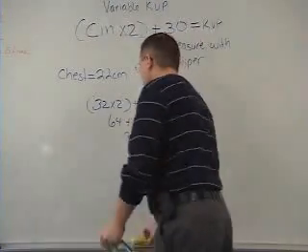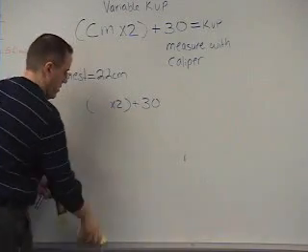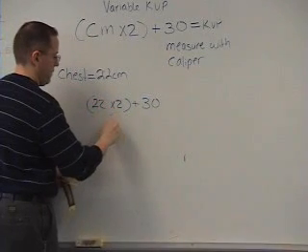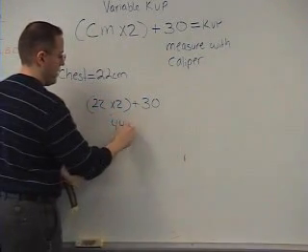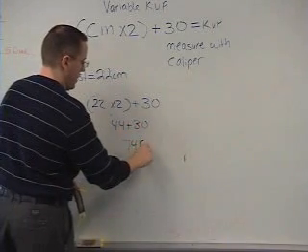Okay, so you do 22 times 2. That's 44 plus 30. That's 74 KVP.